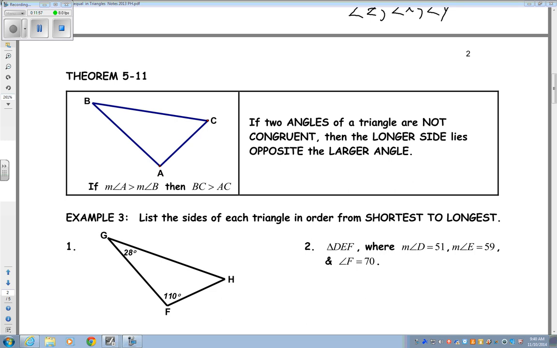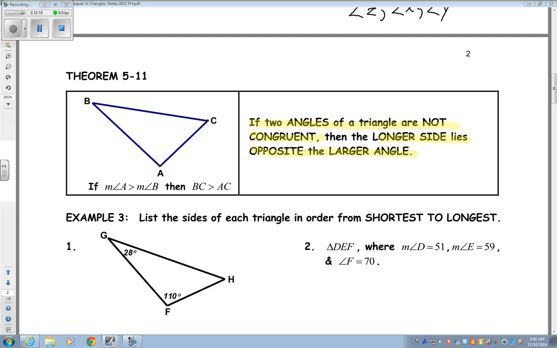All right, so what if I talk about the angles? Before I gave you the size, now I'm just going to work a little bit backwards. It says if two angles of a triangle are not congruent, then the longer side is opposite the larger angle. So it's the same relationship, but now I'm starting with the angles, and now you're going to give me the sides.